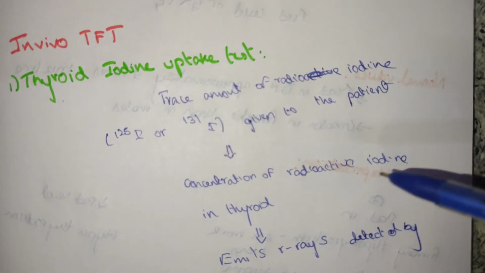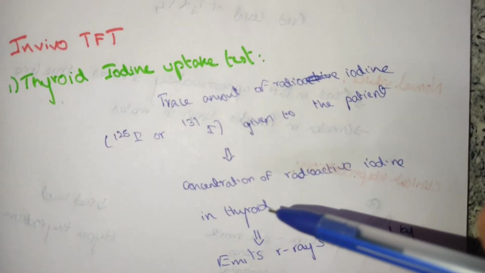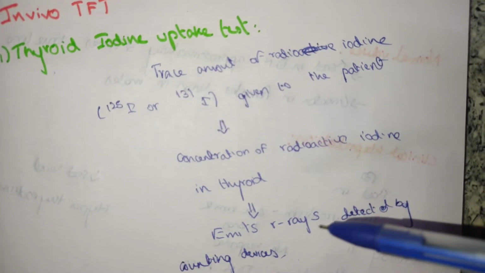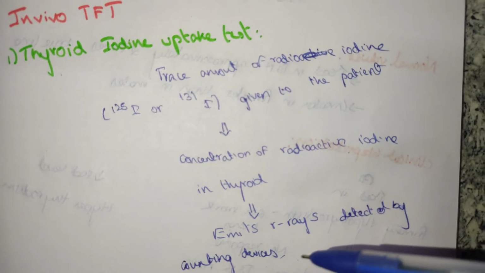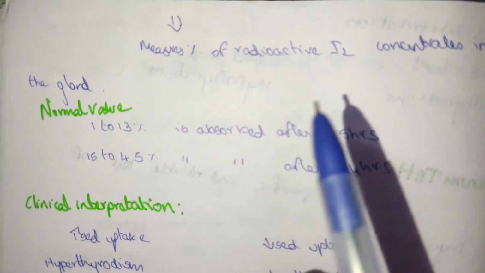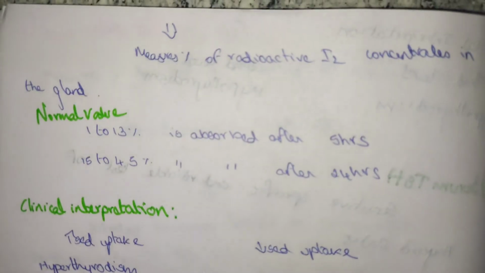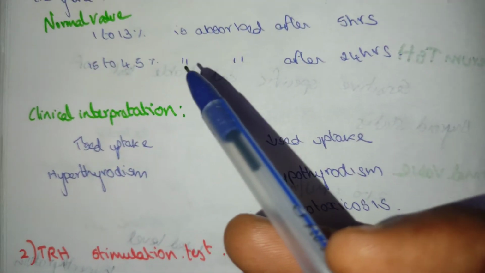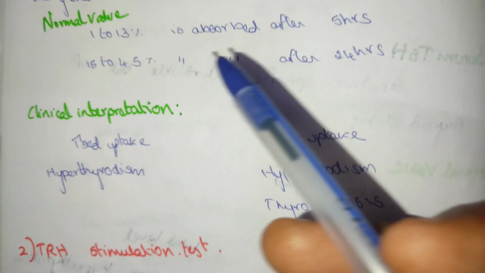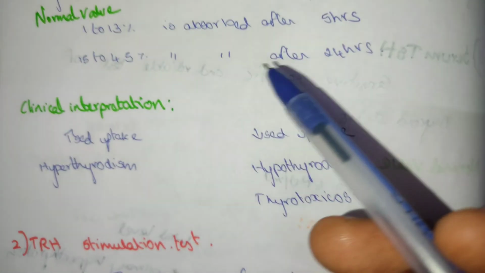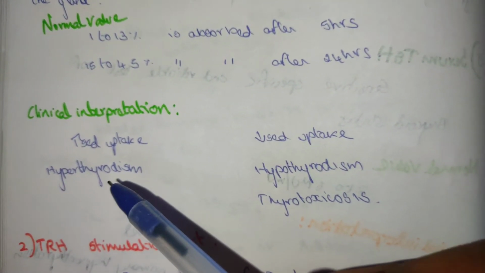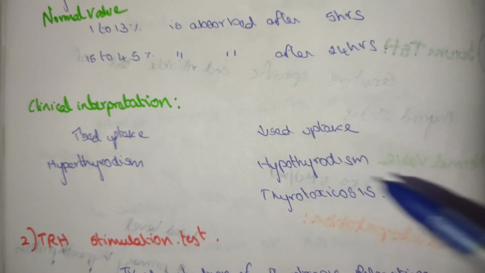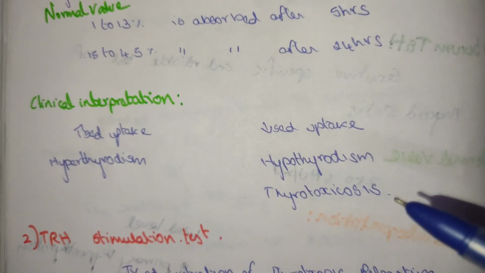The radioactive iodine concentrated in the thyroid emits gamma rays detected by counting devices, and the percentage of radioactive iodine concentrated in the gland is measured. The normal values are 1 to 13% after 5 hours and 15 to 45% after 24 hours. The clinical interpretation: increased uptake in hyperthyroidism, and decreased uptake in hypothyroidism and thyrotoxicosis.